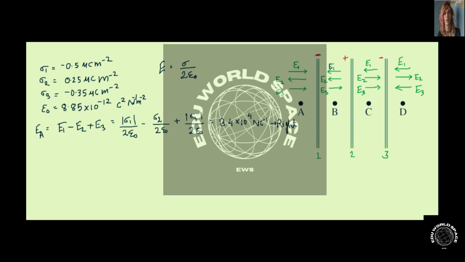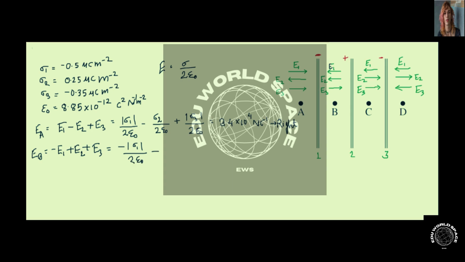Alright, so similarly electric field at point B is equal to minus E1 plus E2 plus E3. Now similarly E1 is equal to minus of sigma 1 upon twice epsilon naught.